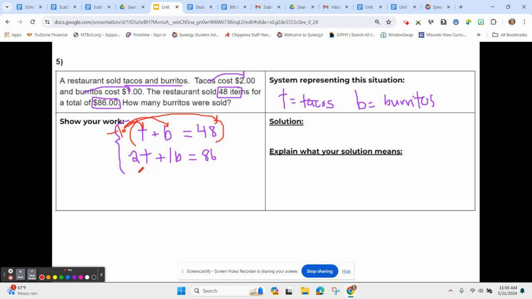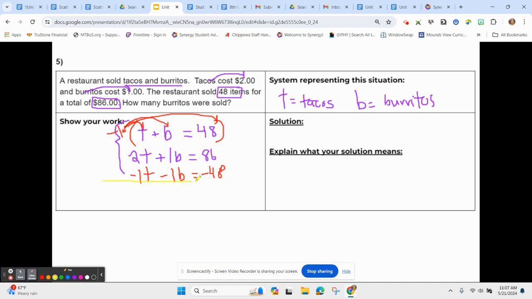Now I'm going to write the new equation below. Turns into -1t minus 1b all together equals -48.